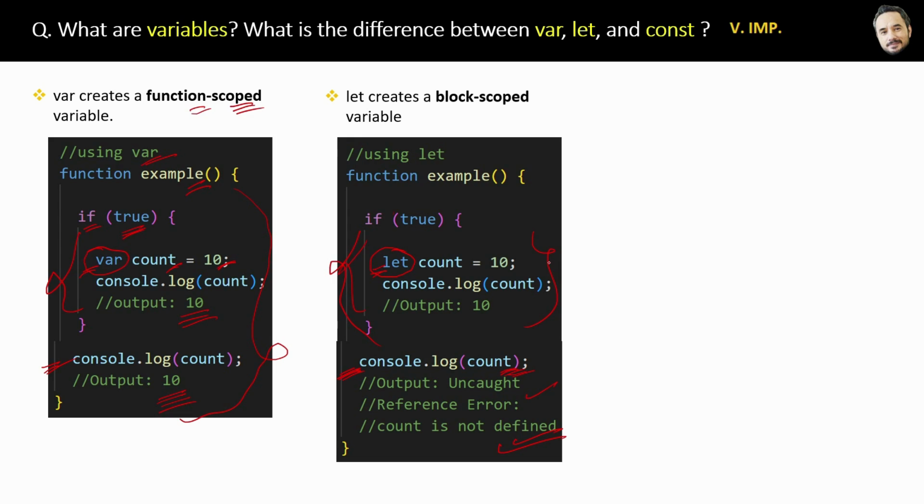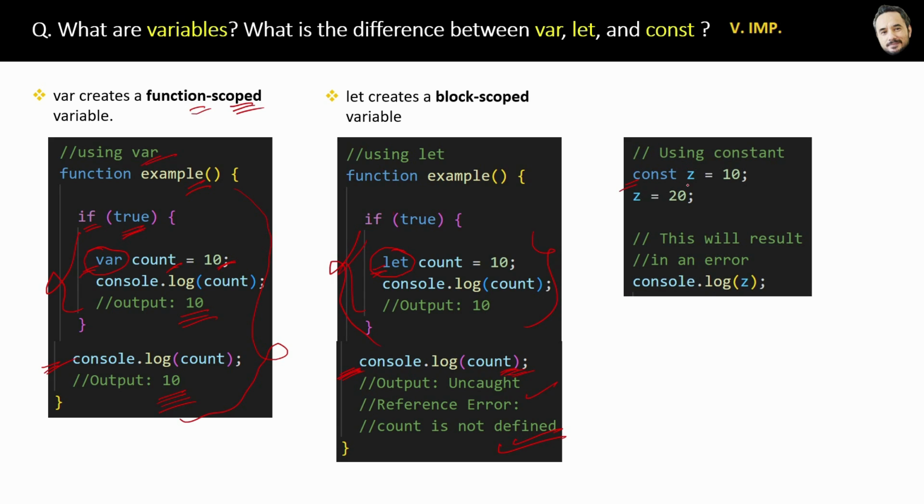Alright, the next keyword is the const keyword, whose purpose is slightly different from the var and let keywords. Here in the code, you can see we assigned const z equal to 10, and then we are trying to assign a new value to z. But then our program will throw an error while logging. The reason is, const can be assigned only once and its value cannot be changed afterwards.